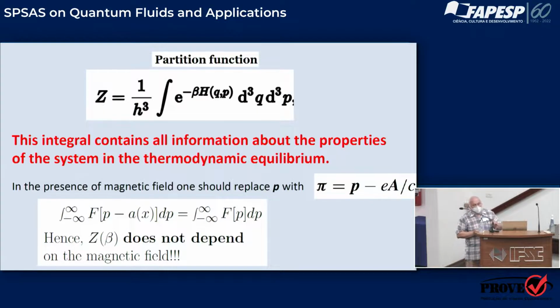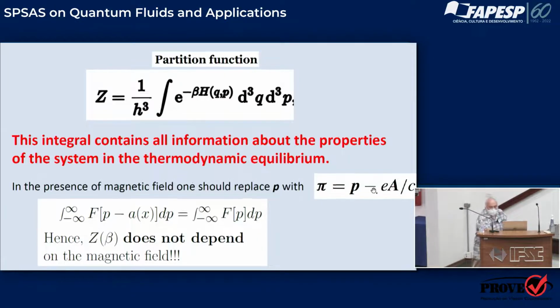When we calculate this, after that we can differentiate with respect to different parameters: differentiate with respect to temperature, we shall obtain specific heat; differentiate with respect to magnetic field, we shall obtain magnetization. Okay. But the important thing is how the magnetic field enters the theory, both in classical and quantum physics.